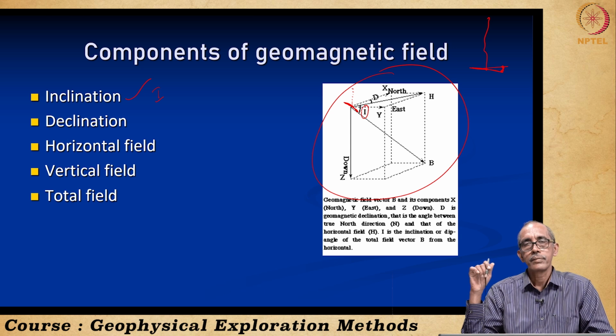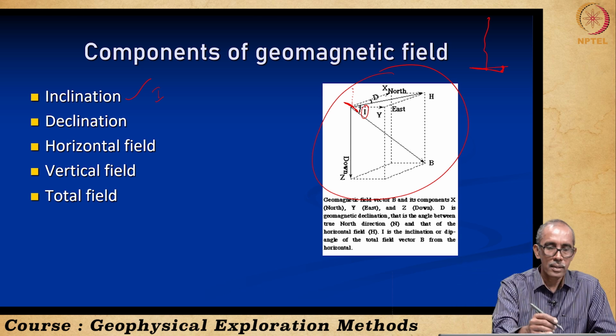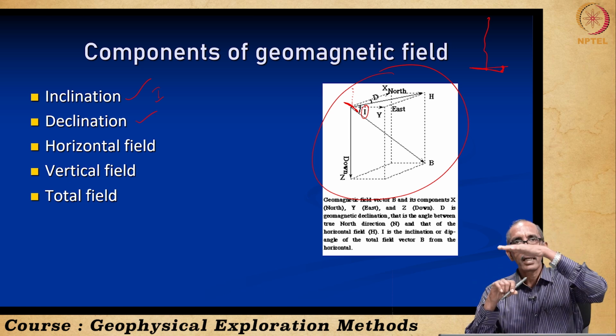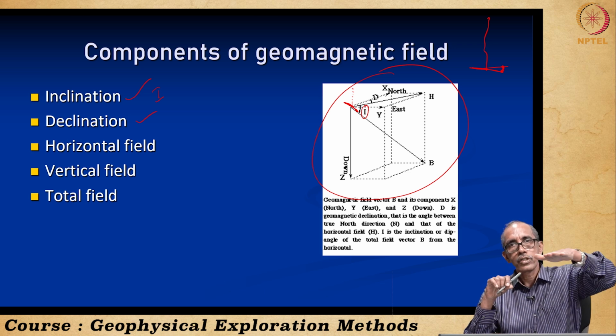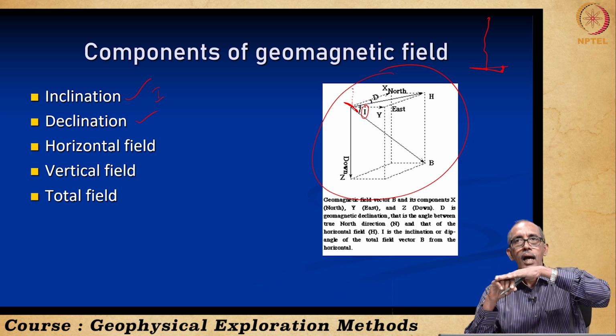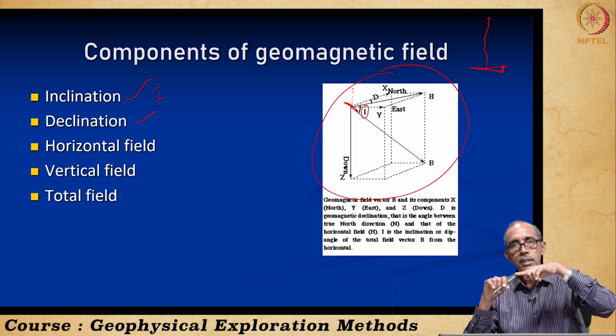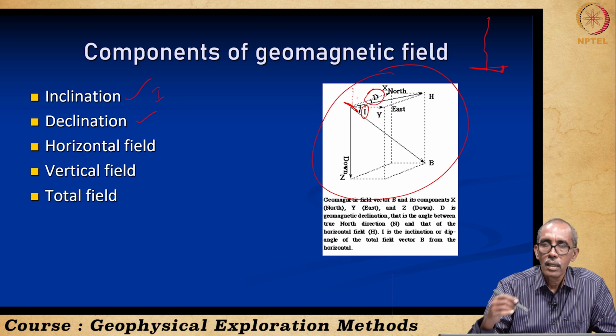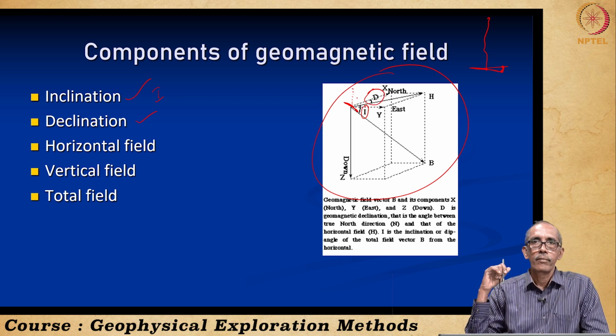Is that clear? Now, what is declination? That is number 2. Declination is the projection of this magnetic needle to a horizontal surface, and on the horizontal surface, how much angle it is away from the geographic north.